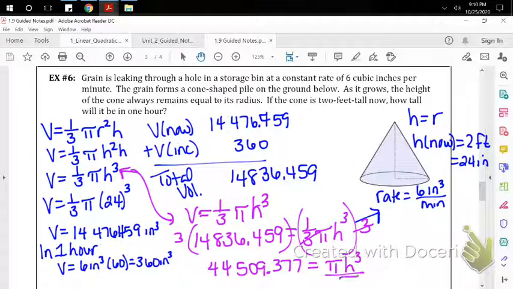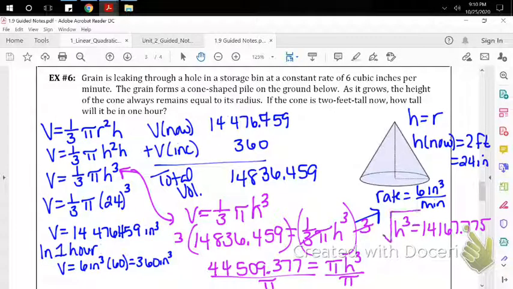Then we're going to divide by pi. I'm running out of room here. And so we'll end up with h cubed equals 14,167.775.